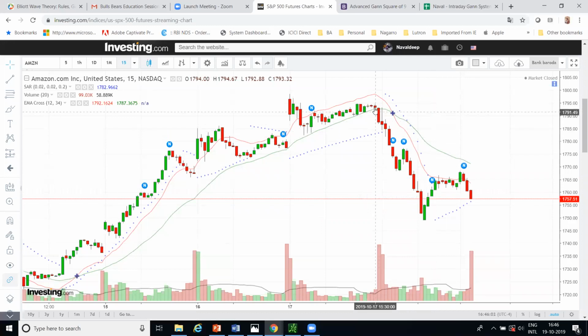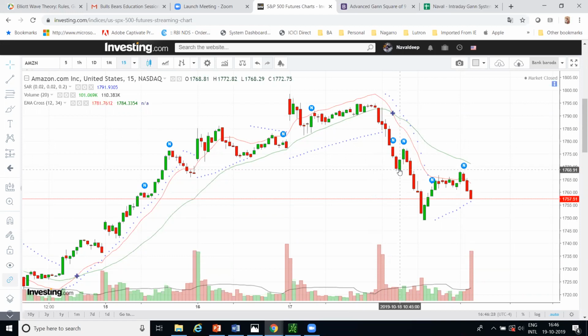Initially I thought this was a descending wedge, and the descending wedge held, the next candle moved up above the 50%. So this candle would have taken a support of 1768. Look at this low, 1768.